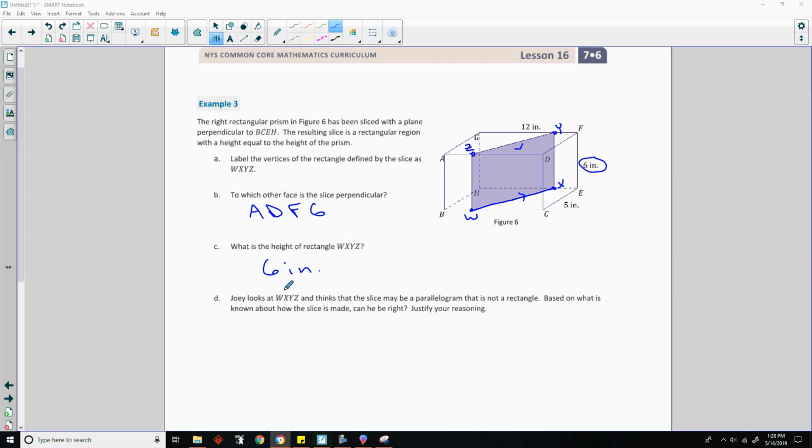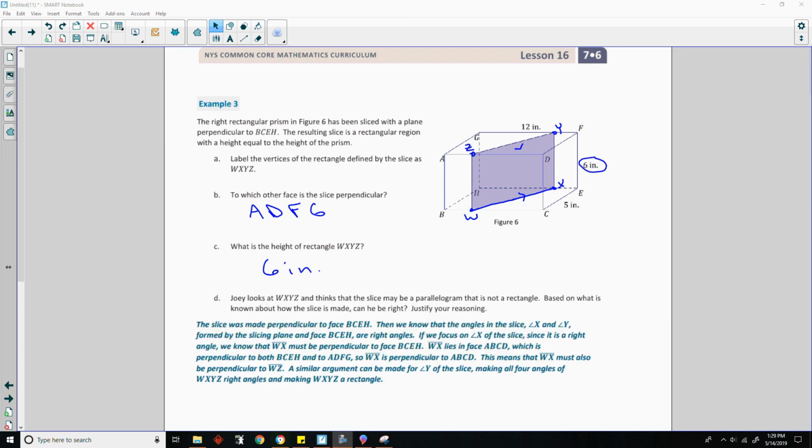And then it says, Joey looks at WXYZ and thinks that the slice may be a parallelogram that is not a rectangle. Based on what is known about how the slice is made, can he be right and justify your reasoning? Okay, so the slice was made perpendicular to the face BCEH, which is the bottom.